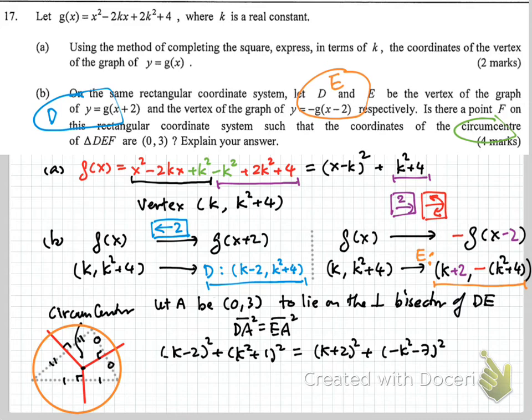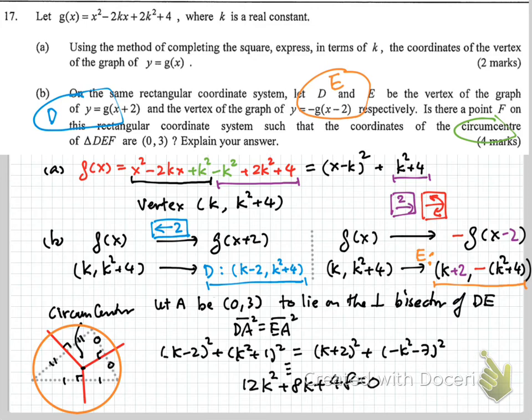So you can expand those brackets. There will be a k to the 4th power here, from taking the square of k squared. But fortunately, it will be cancelled. At the end, I leave the algebra to you. It ends up 12k squared plus 8k plus 48 equal to 0.